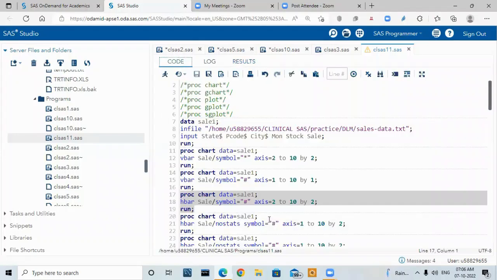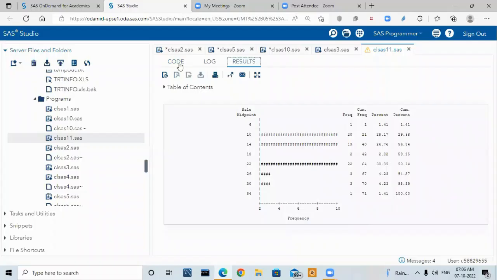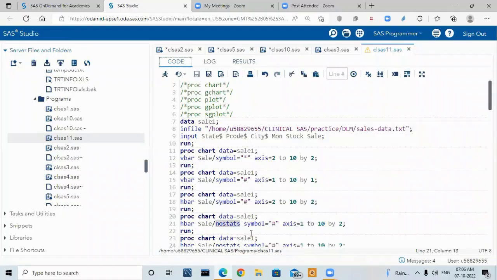And if you don't want the table, the frequency distribution table, we can mention the option nostats. See, if you mention nostats here, it will suppress the table.